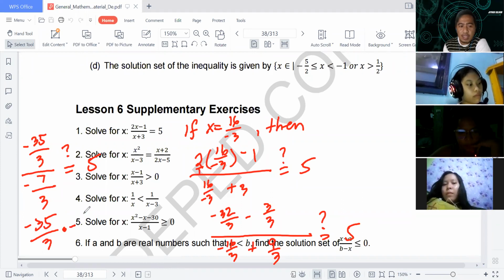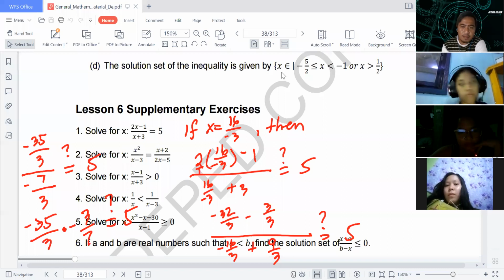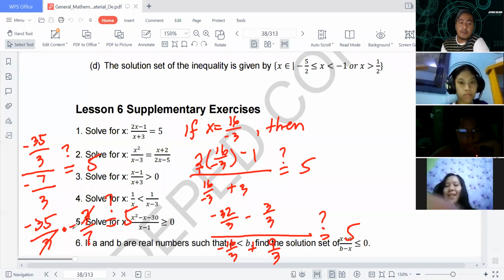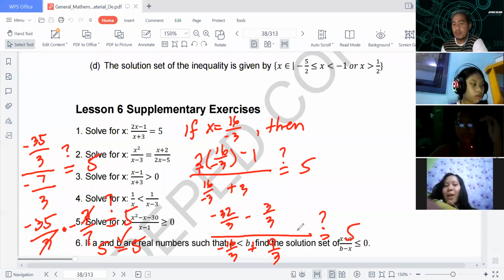So it becomes 3 over 7, right? Is it equal to 5? Okay. The 3 will be cancelled out, right? The negative divided by negative is positive. 35 divided by 7 is 5. So 5 is equal to 5, and that is true, right?